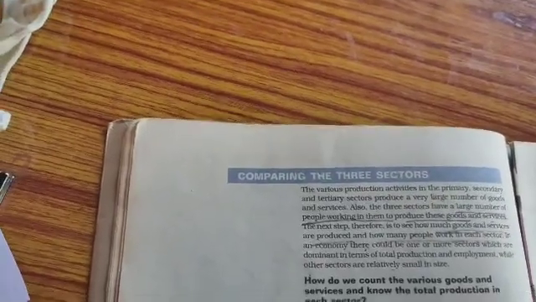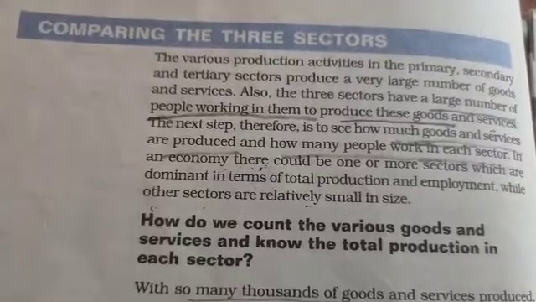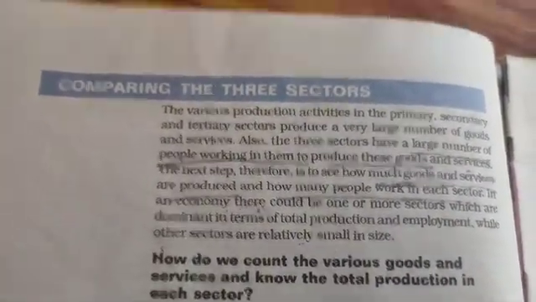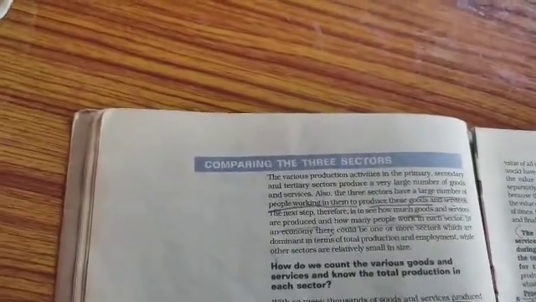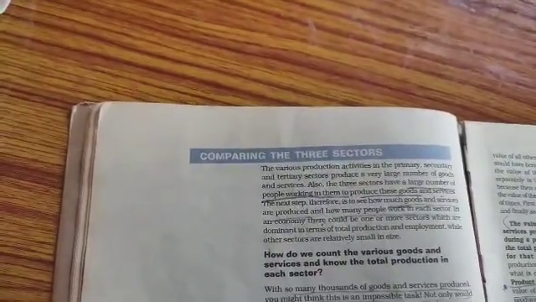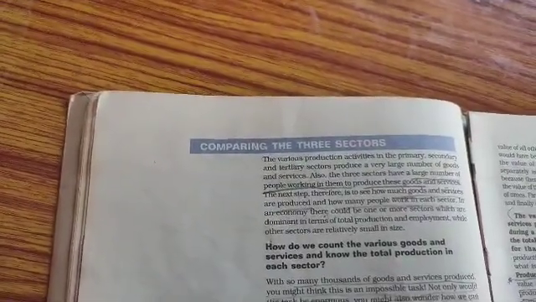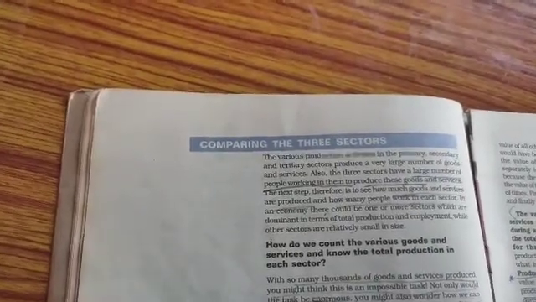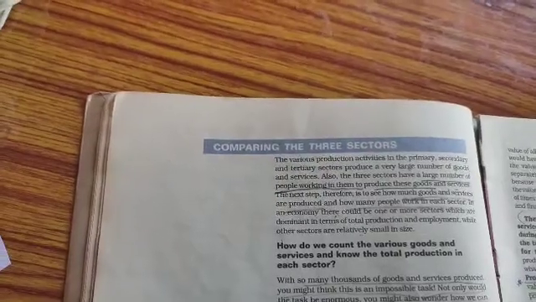Before that, there is a question: how do we count the various goods and services? How do I know the total production in each sector? It's very simple, students. In every sector of the Indian economy, a number of activities are being performed and people are engaged in them.